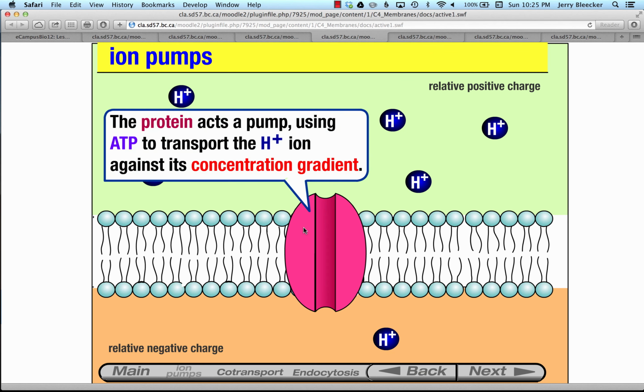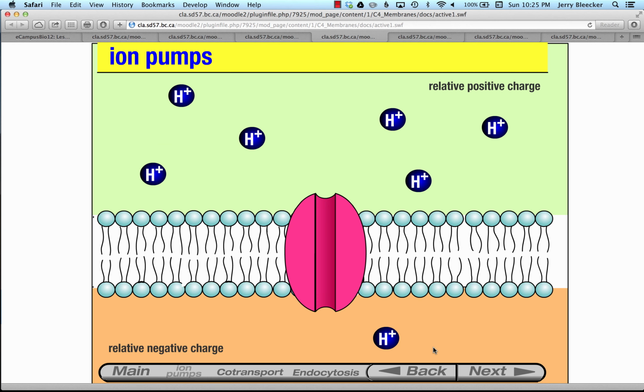That's the exact opposite. That's stockpiling. So cells do have this little trick where they can use energy to stockpile ions. And this, for example, was a hydrogen pump.